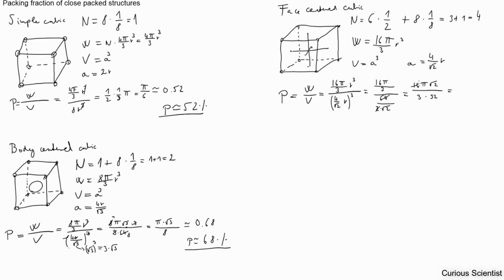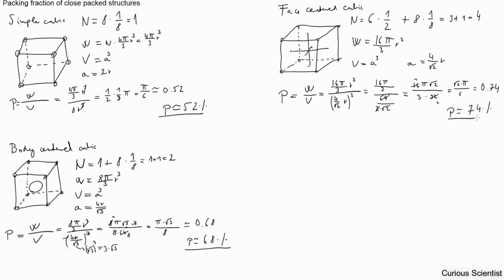So if we just simplify with this thing, we see that we have square root of 2 times pi divided by 6, and then this will be equal to 0.74. So P is 74%.